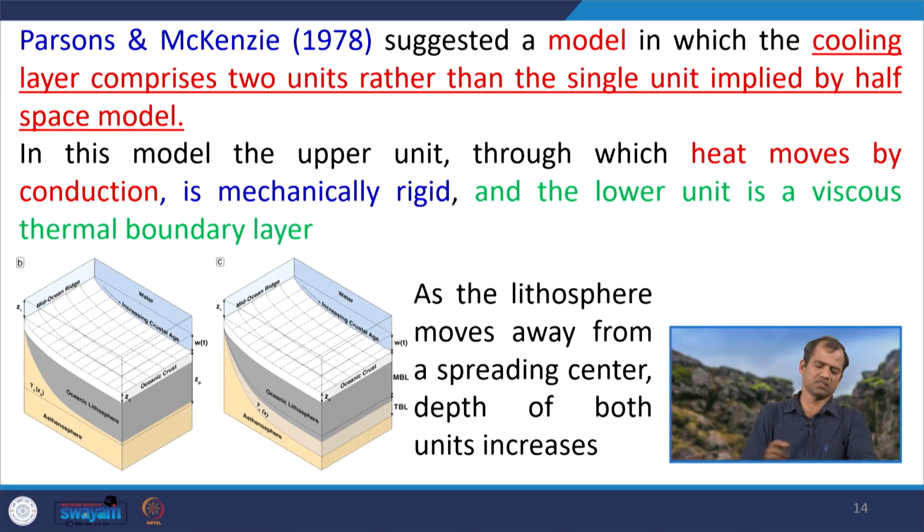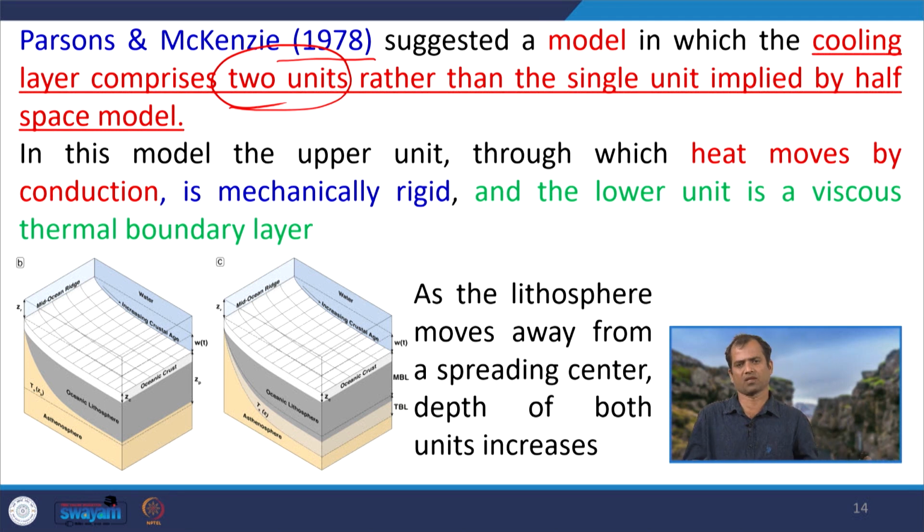Then this work in 78 suggested a model in which the cooling layer comprises two units rather than one unit, as was explained in the half space model. The two units are: the upper unit is rigid, and the lower unit is in contact with the asthenosphere.